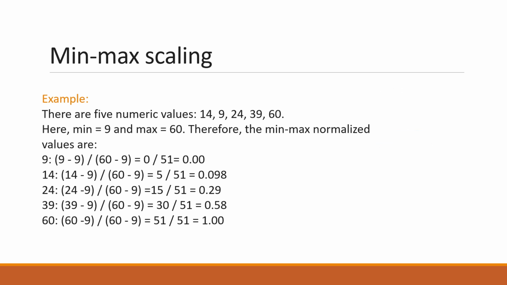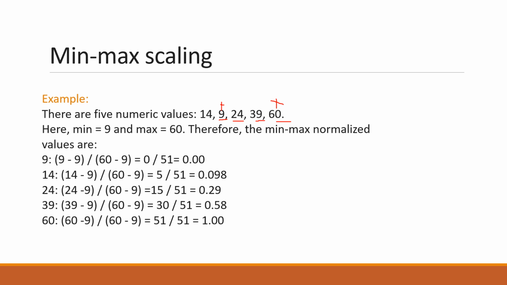Let's consider an example of min-max normalization to illustrate how this technique works. We have 5 numeric values: 14, 9, 24, 39, and 60. The minimum value is 9, and the maximum is 60. To apply the min-max normalization, we subtract the minimum value from each value and divide it by the range between the minimum and maximum value.